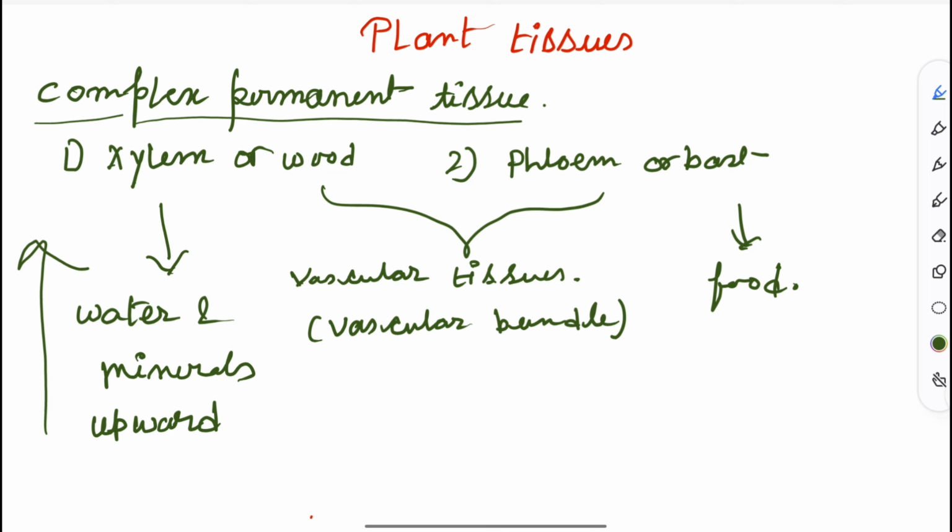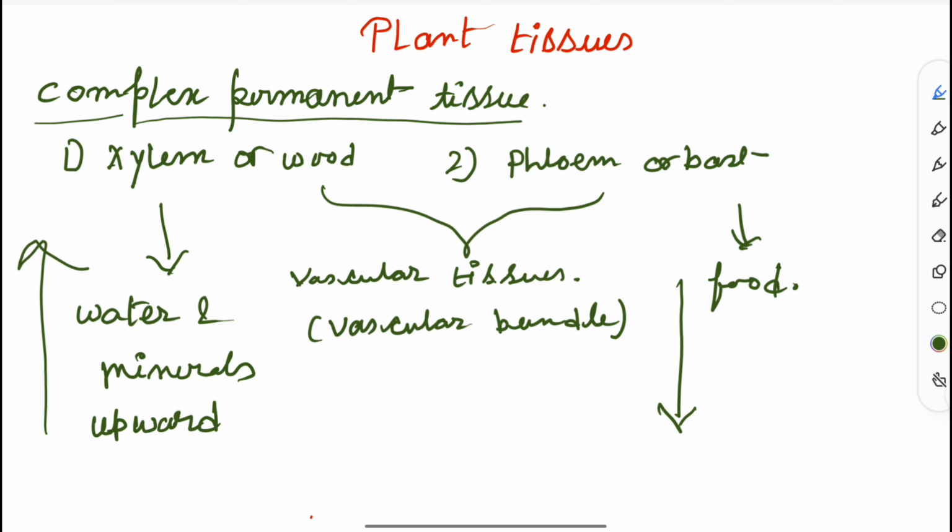And what is phloem's main function? The food that is prepared in green tissues, wherever chloroplast is present and photosynthesis is occurring, is glucose. That food is prepared in the leaf by photosynthesis and distributed throughout the plant body.